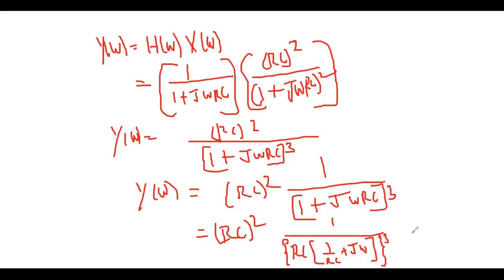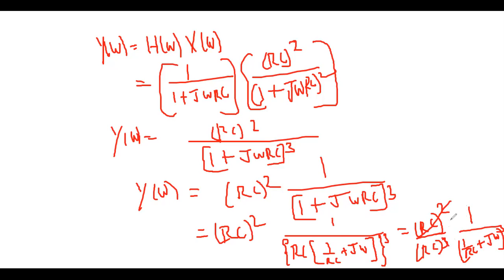My dear friends, 1 by RC cube is equal to RC^2 divided by RC^3. Now RC square gets cancelled, leaving 1 by RC.